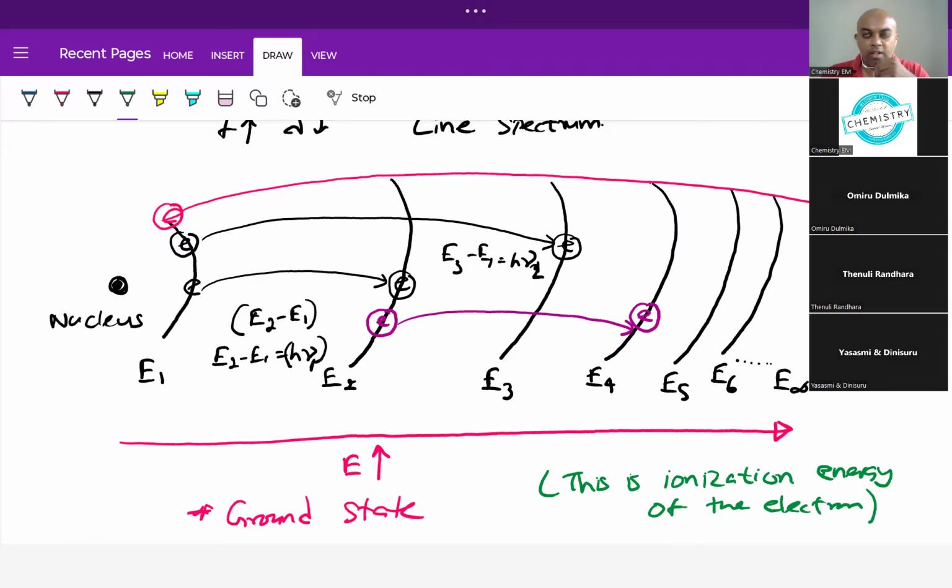When electron is moving across the energy levels, they will be placed in the energy levels in random structure, and it will be decided based on the absorbed energy.